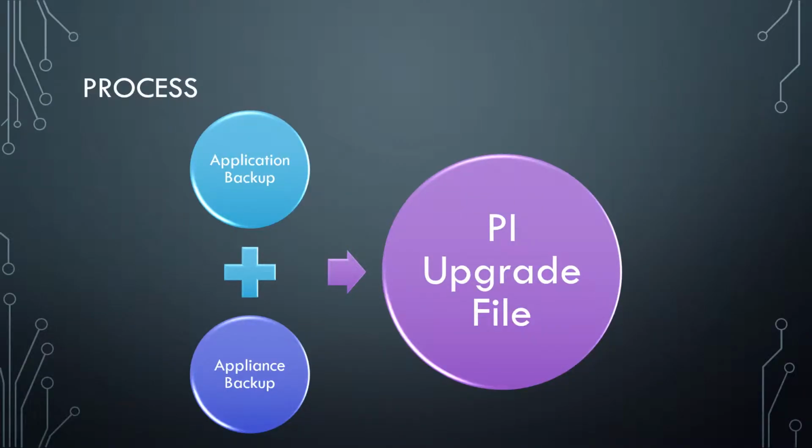Now the process is complex, but let me explain it in three steps. First of all, we will take the application backup. There are two types of backups available for Cisco Prime Infrastructure: one is the application backup, and the second is the appliance backup.